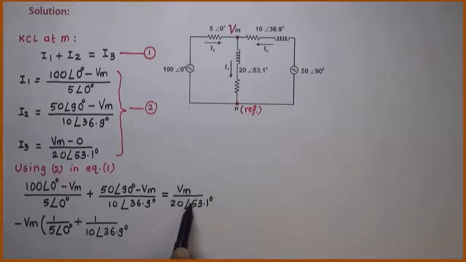Vm, if I take this term on this side, it will be again minus, so it is plus 1 upon, we have taken minus common, 20 angle 53.1.